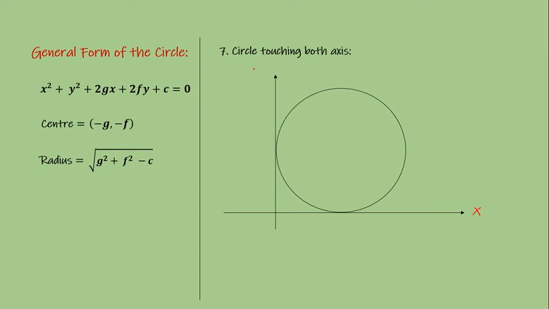This is the x-axis, this is the y-axis. Now the center of the circle is somewhere here. From the center, I have drawn a perpendicular on the x-axis as well as on the y-axis. Now both of them are radius. So this is the perpendicular on x, this is the perpendicular on y. One can say this value is also the radius of the circle.